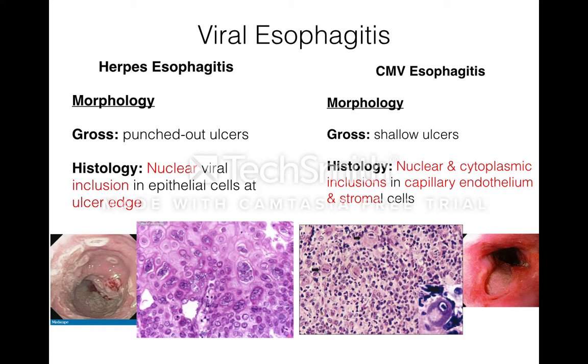For herpes, on histology, you'll see nuclear viral inclusions in the epithelial cells around the ulcer edge, whereas in CMV, you get both nuclear and cytoplasmic inclusions, and these are going to be in the capillary endothelial and stromal cells. So CMV likes the endothelial cells, herpes likes the epithelial cells. And in these pictures, you can see the different viral inclusions.